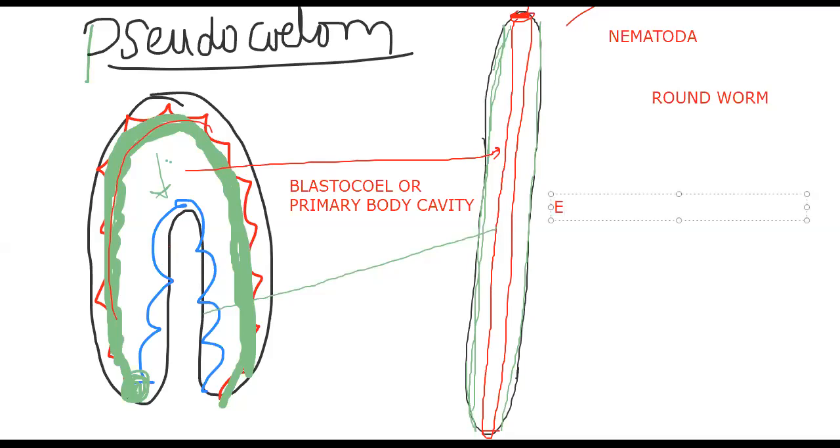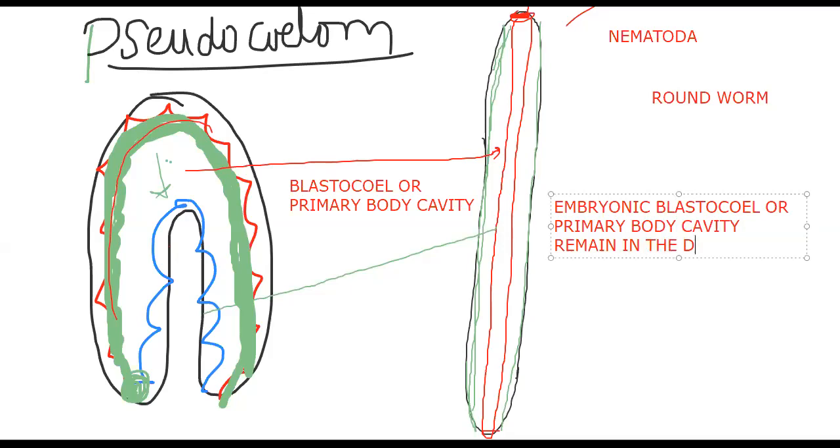Okay, so I'm writing again: the embryonic blastocele, also called the primary body cavity, remains in the adult also. Hence, we can't say it is a true cavity, because the embryonic cavity should be replaced, but is not replaced.